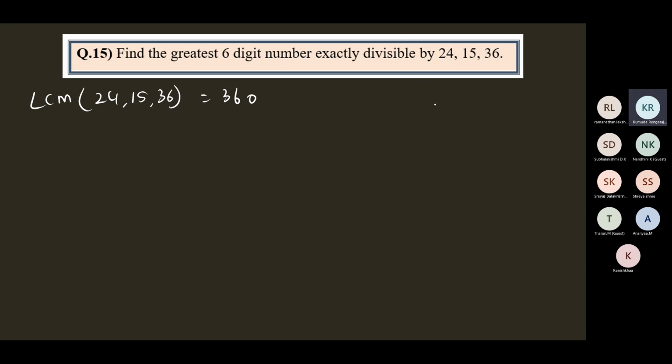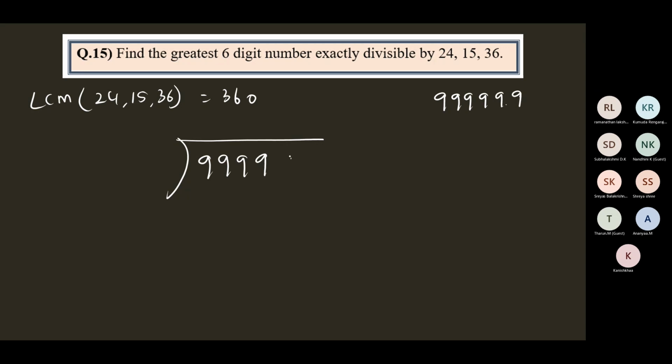So the greatest 6-digit number is 999999. We need to find the greatest 6-digit number that's exactly divisible by these three numbers. So all of you perform the division. Divide this by 360 and tell me the quotient.